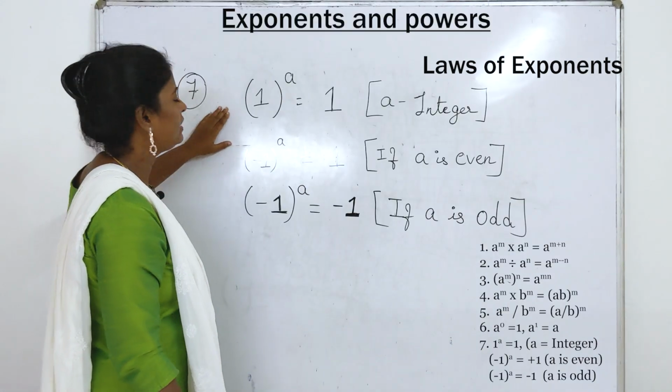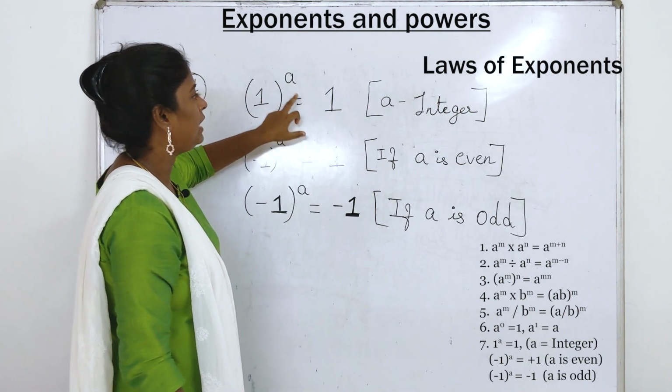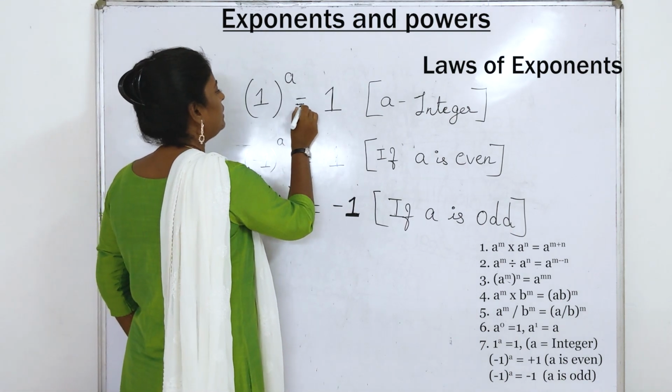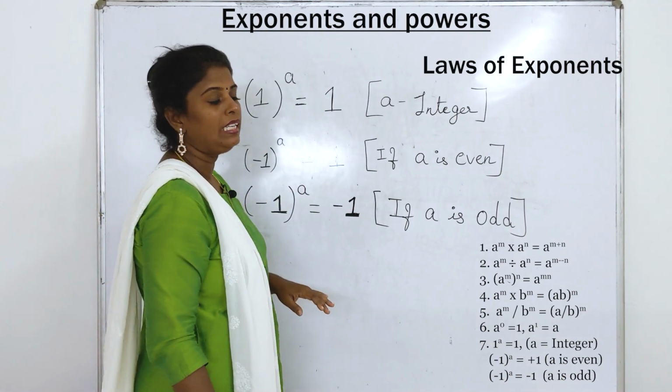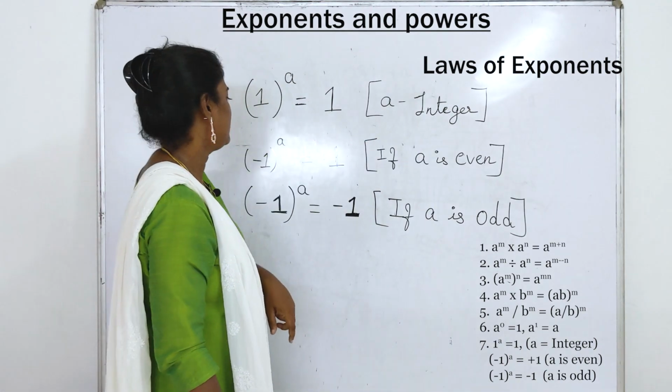Next, we will look at the seventh law. The seventh law is 1 power a equal to 1, only if a is an integer.